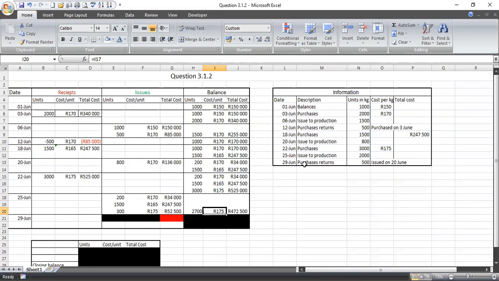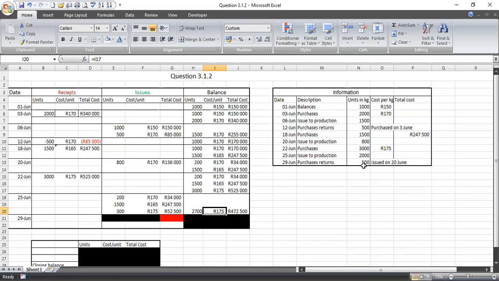So on the 29th of June, we are told that there are purchase returns of 500 units issued on the 20th of June. So let's go to the 20th of June. On the 20th of June, we issued to production 800 units. From the 800 units, 500 units are now being returned back to the warehouse.